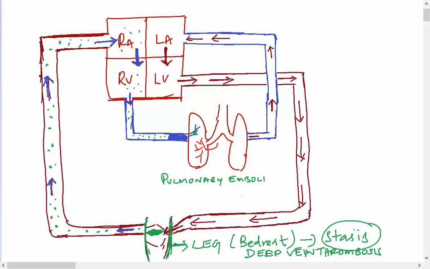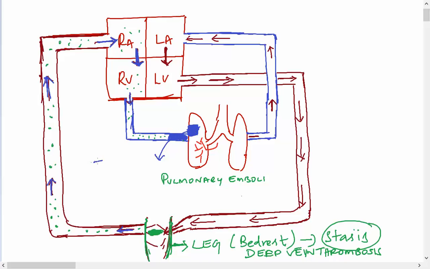This whole process is called infarction. The area which is necrosed, that is called infarct. So now this area is dead, right? It is gone for necrosis. So this area is called what?